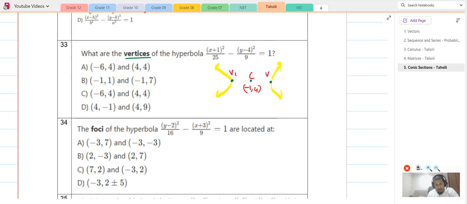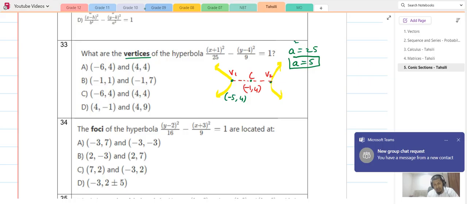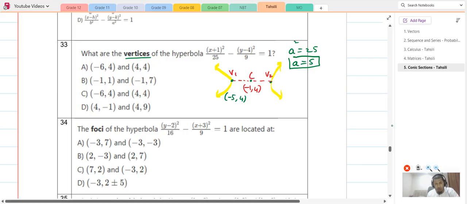Let's look at vertex 1 and vertex 2. What's the distance from the center to the vertex? It's the square root of 25, right? So a squared is equal to 25, a is equal to 5. Now you're going to add 5 to the left and 5 to the right. If you go 5 left from -1, you end up at -6 and 4.